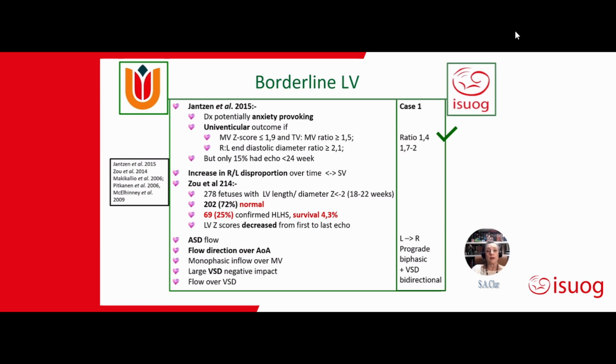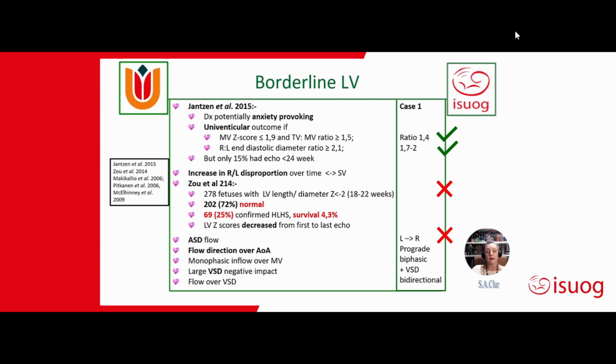If the right ventricular to left ventricular end diastolic dimension is less than 2.1, that is positive. If we see that over time there is an increase in the degree of right to left disproportion, that is a negative predictor.